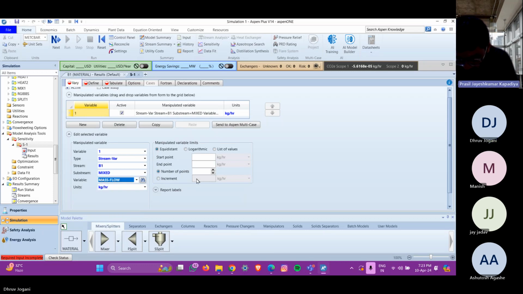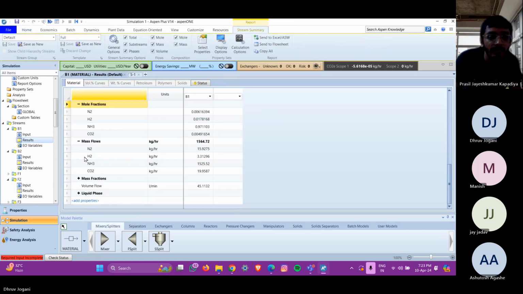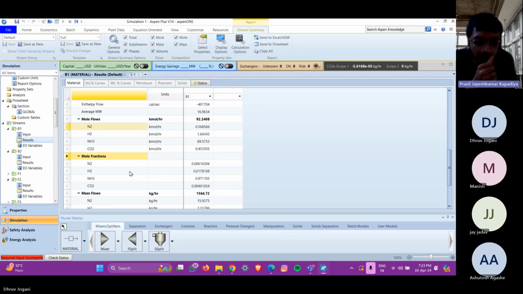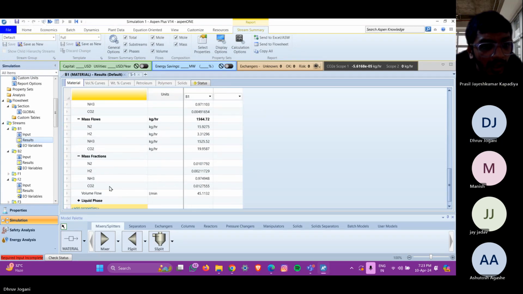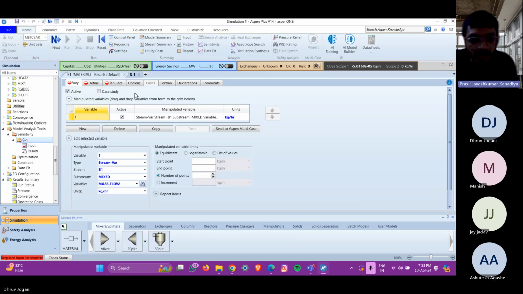What was the mass fraction value? Sir, ammonia is 0.97. So let's go for 0.99 if you are getting it, or 0.985.